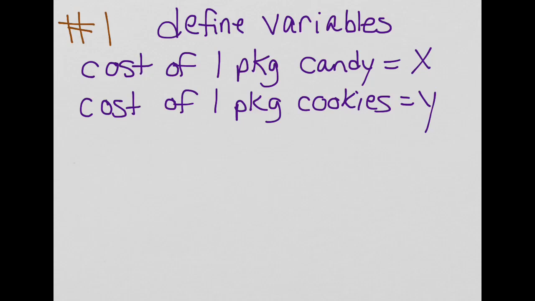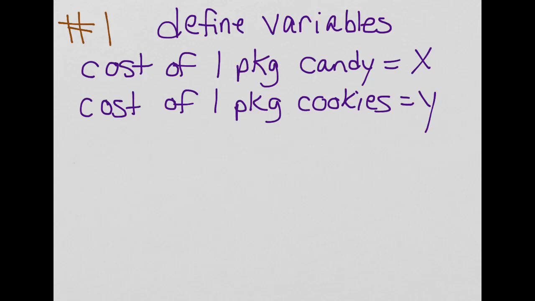Now another trick to help you out with word problems is that each sentence in the word problem is often one equation. Sometimes you can break things down that way. So let's go back to look at the very first sentence in the problem. It says 4 packages of candy bars and 2 packages of cookies cost $20.